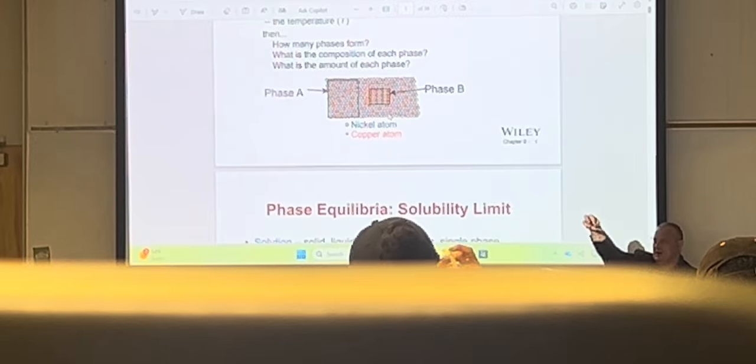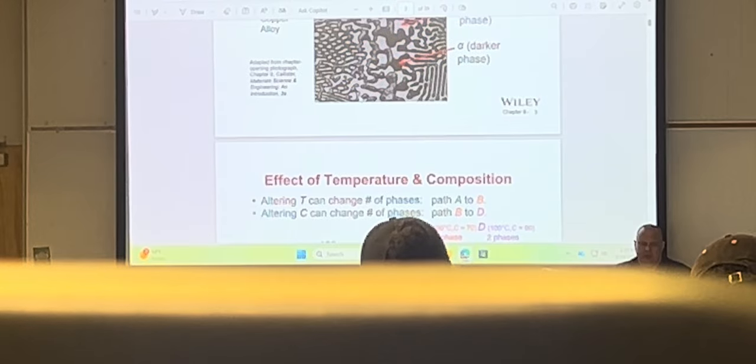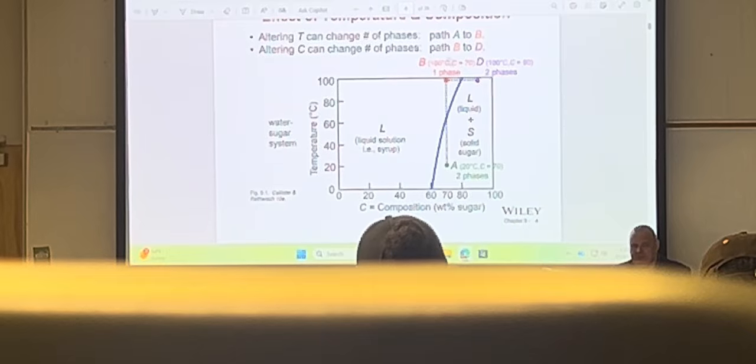So these are atomic reconstructions that happen within the structure inside at the atomic level, but they can grow and propagate to relatively large sizes. The temperature effect on the composition. Here you can see this water sugar thing.